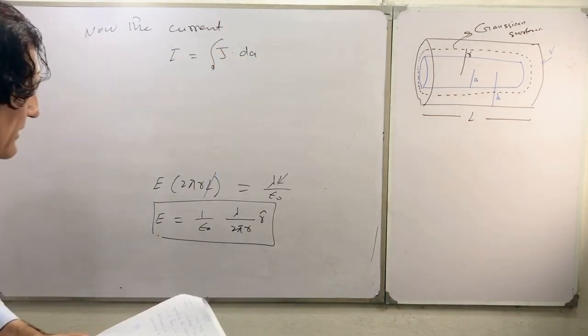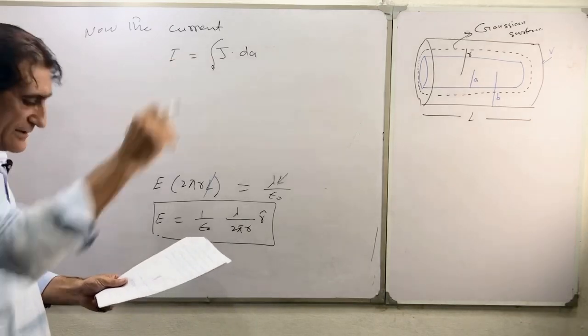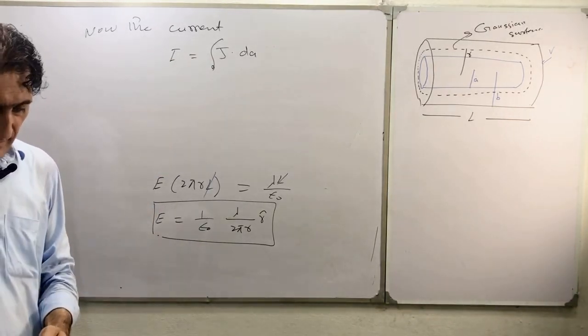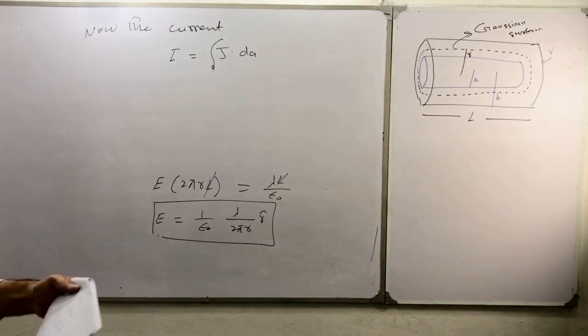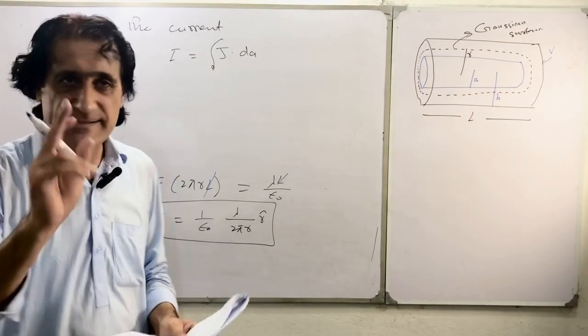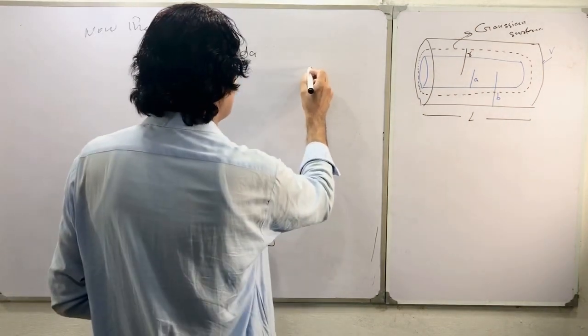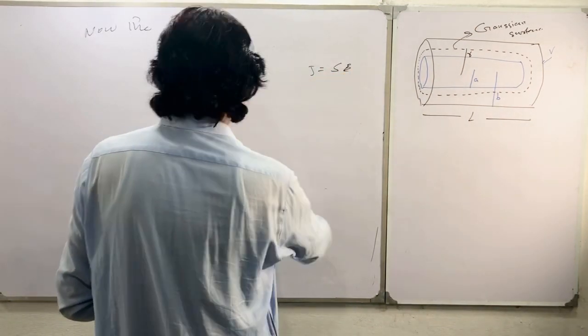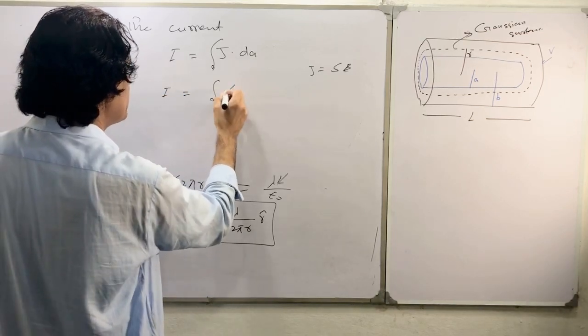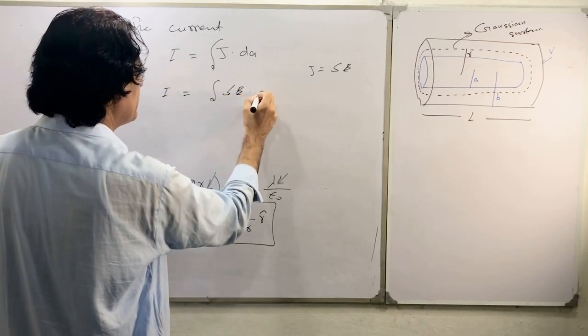So this is the total current in this configuration. Now we know J from Ohm's law, J is equal to sigma E. So I must be equal to sigma E dot dA.